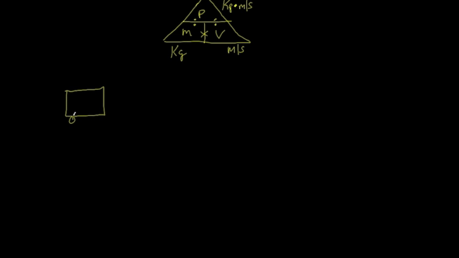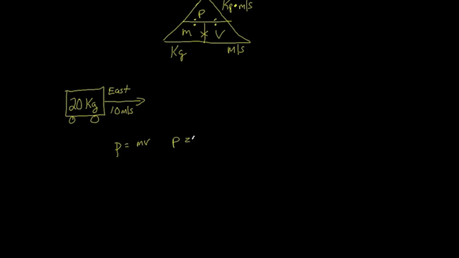So if we had a 20 kilogram mass, a little cart, moving east or right at 10 meters per second, we can calculate the momentum. We plug it into our formula. P equals mass times velocity.